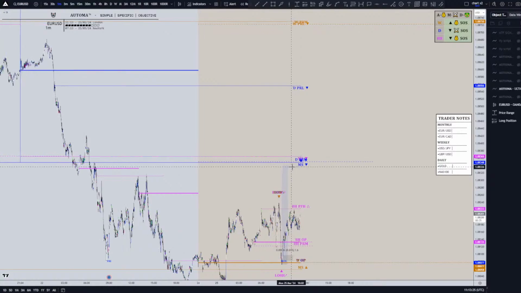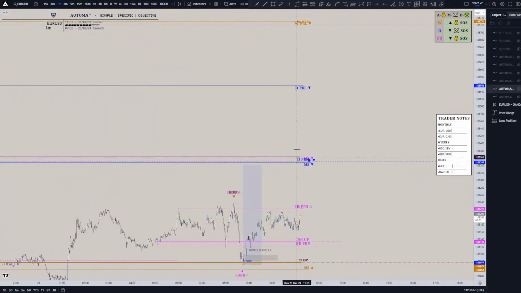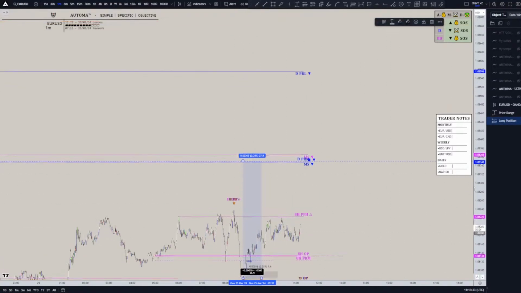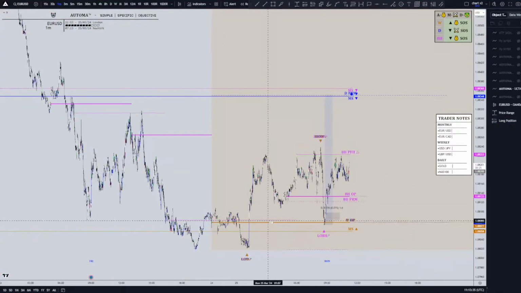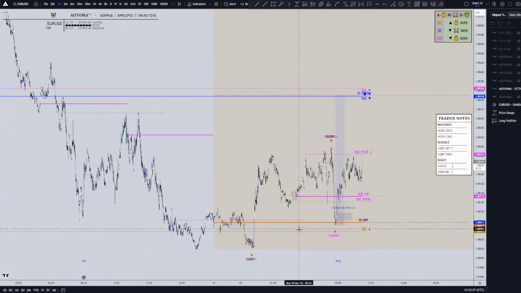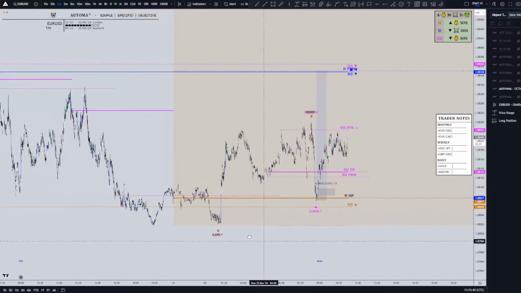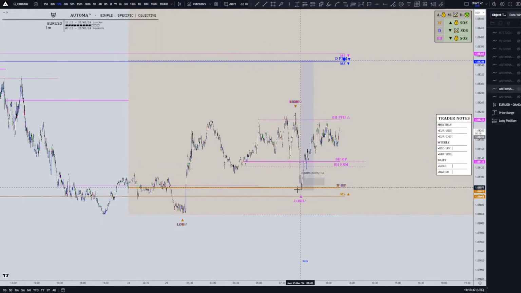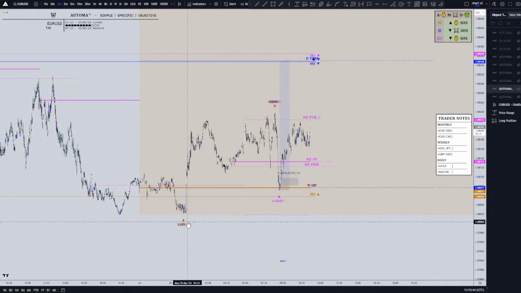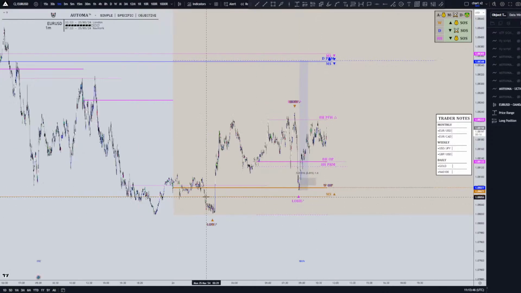Now, one of the key areas I'm looking at is the key level cluster right now. First, let's see the high of the day to be taken out. And where are we coming from? Weekly low of the week comes from a bullish market structure retest.